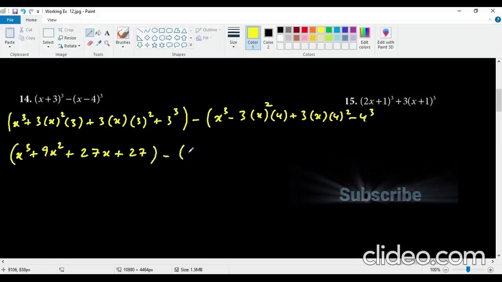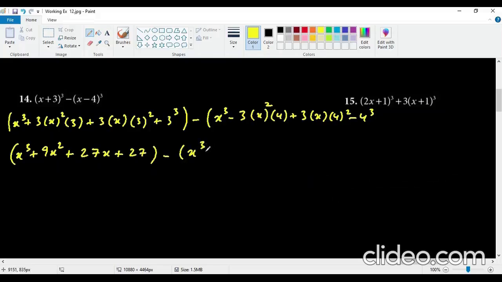Minus, we simplify within the bracket itself first. Minus 3 times 4 is going to be giving us a 12x square, and plus the 4 square is a 16. So 16 times 3 is going to give us a 48x, minus 4 cube is going to give us a 64. So for question number 14 over here, simplified already.